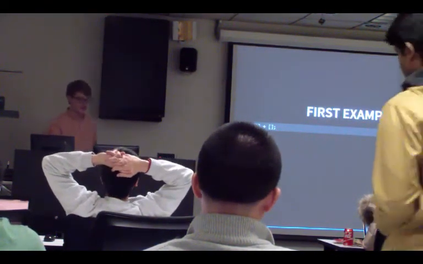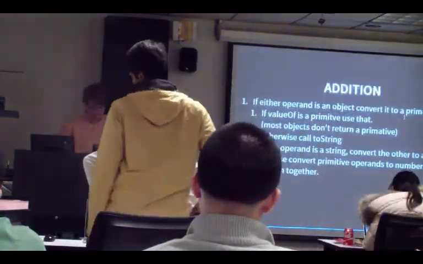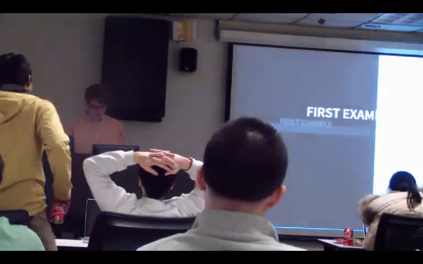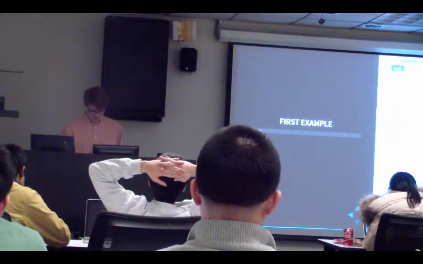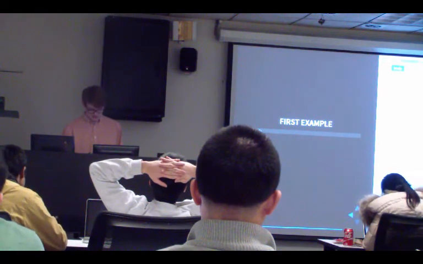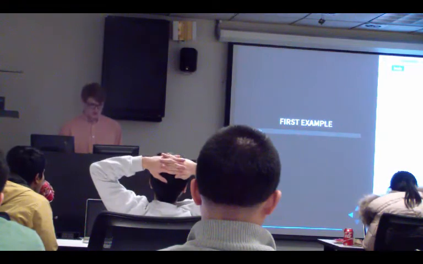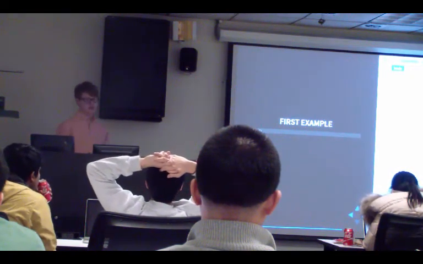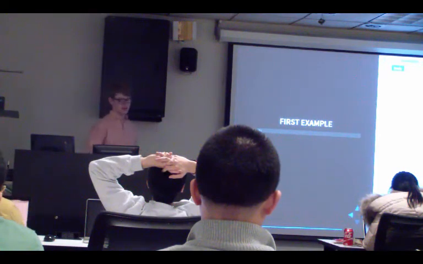So we're adding an array with an array, right? If we try to figure out what the array's valueOf is, it is an array, so that's useless. Its valueOf is just going to return the array itself, and we can't do anything with that.